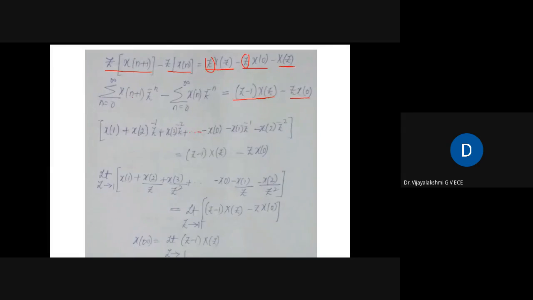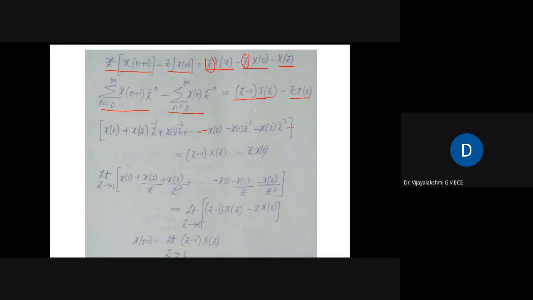It goes till infinity. Now minus, I have expanded this from 0. So I get x of 0 into z power 0, which is 1, next x of 1 into z power minus 1, plus so on. Even this goes till infinity.